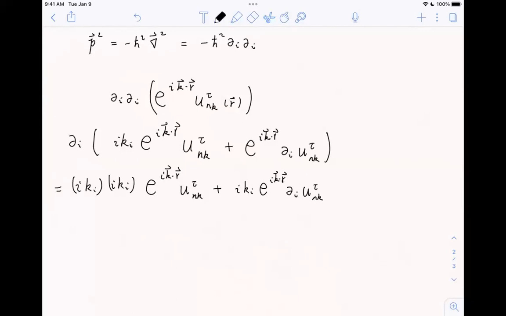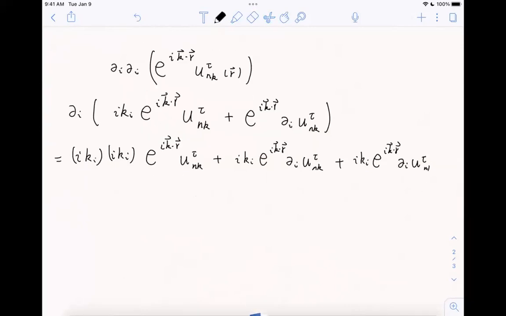Okay, so this is the first line. Then for this one, you're going to do it like this, Ki, and then U tau and K.